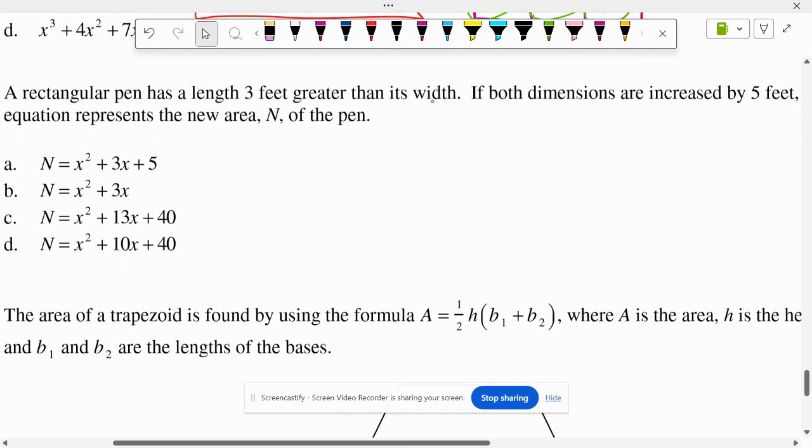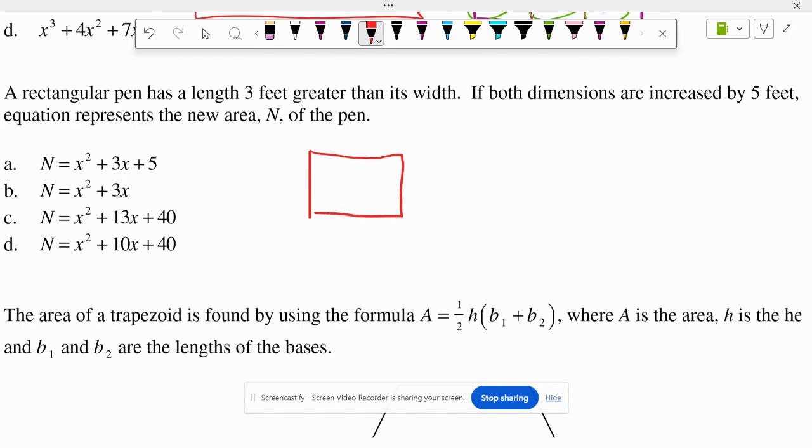A rectangular pen has a length that is 3 feet greater than its width. So I'm going to draw this little box, and I'm going to label my width and my length, and I'm going to say that my length is 3 feet greater than my width.